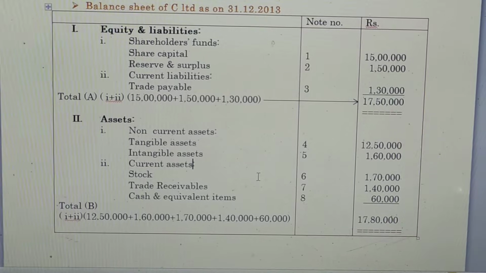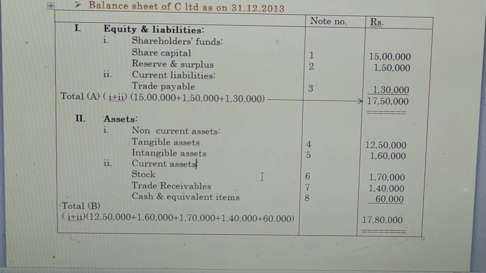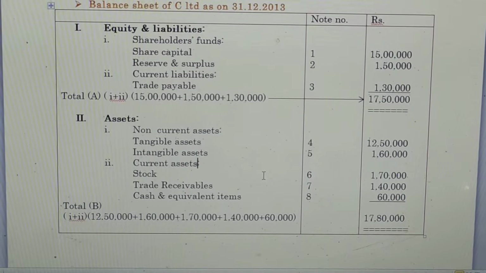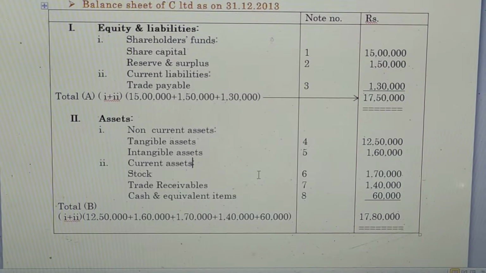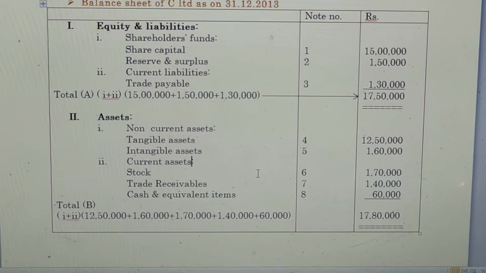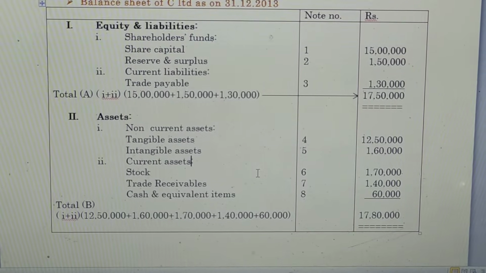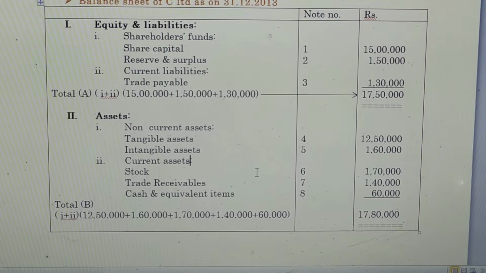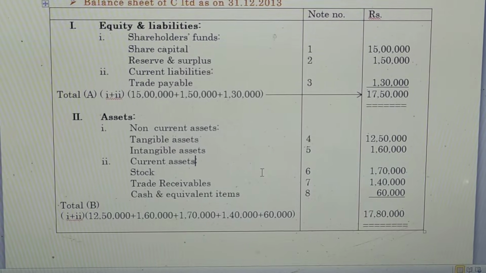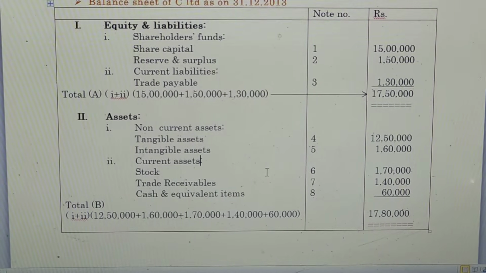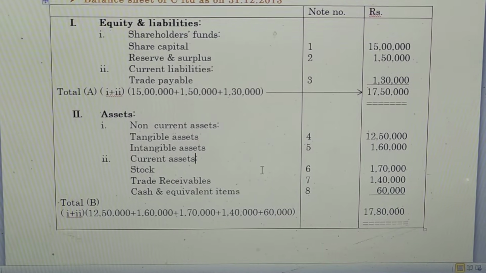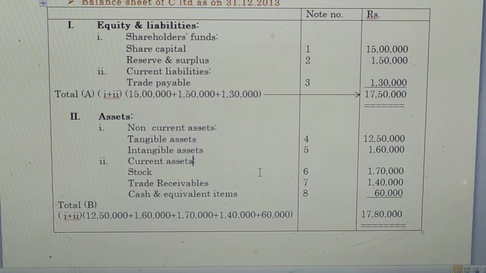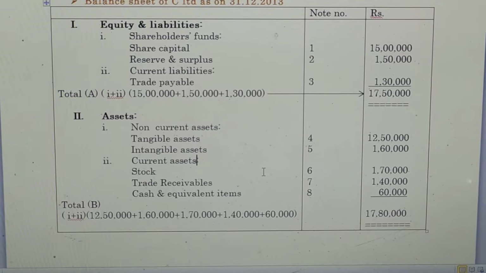Under the current assets we have to mention stock, that is note number 6 heading. The note number 6 total is 1,70,000, which we have to mention in the rupees column, and we have to mention trade receivable, that is note number 7 heading. Note number 7 total is 1,40,000, which we have to mention in the rupees column, and cash and equivalent items, that is note number 8 heading, and note number 8 total is 60,000.